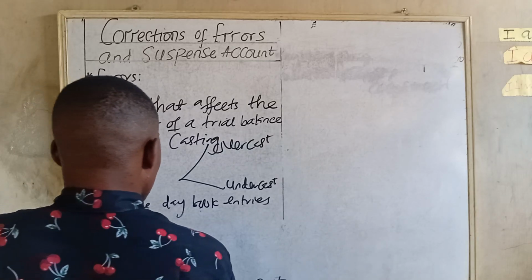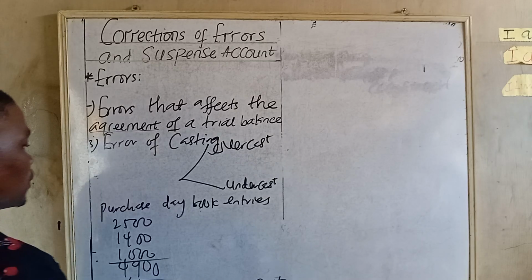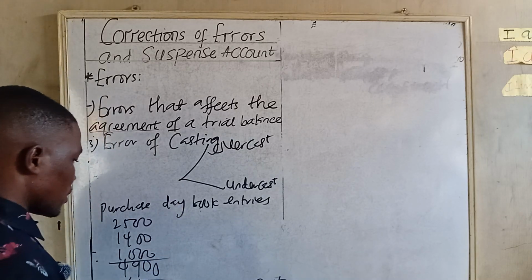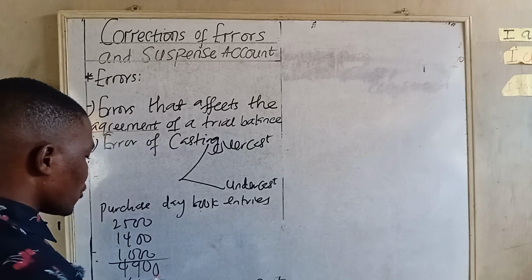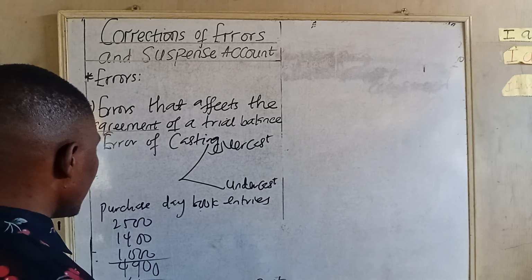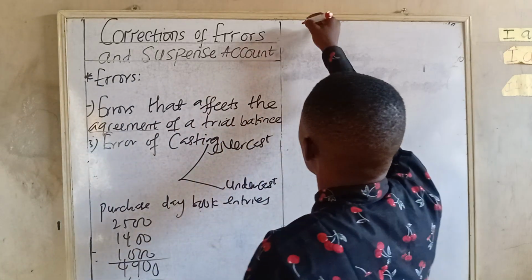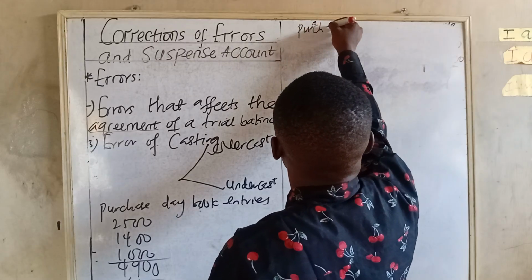So see now, the purchase account was cast as 4,005. Now, is it overcast or undercast? See, the amount supposed to be 4,900. So we recorded 4,005. So it's an undercast.